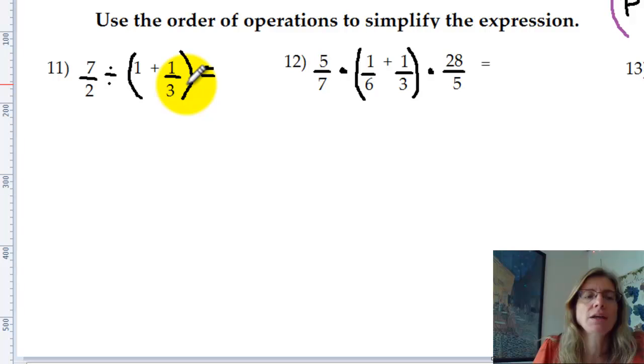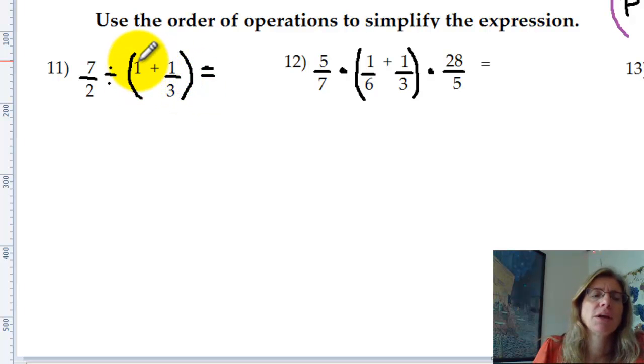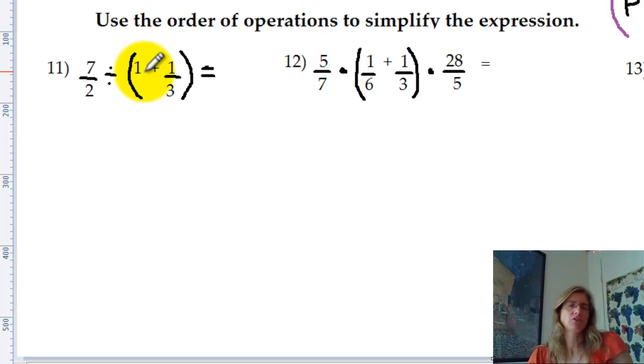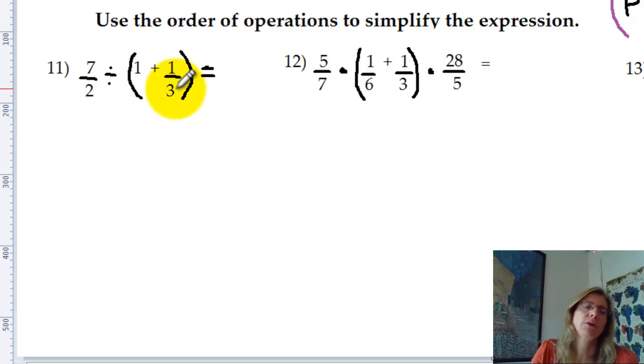Now, adding 1 plus 1/3 is simply 1 1/3. But let's make the whole number an improper fraction with a 3 in the denominator. It's because 3/3 equals 1, correct?